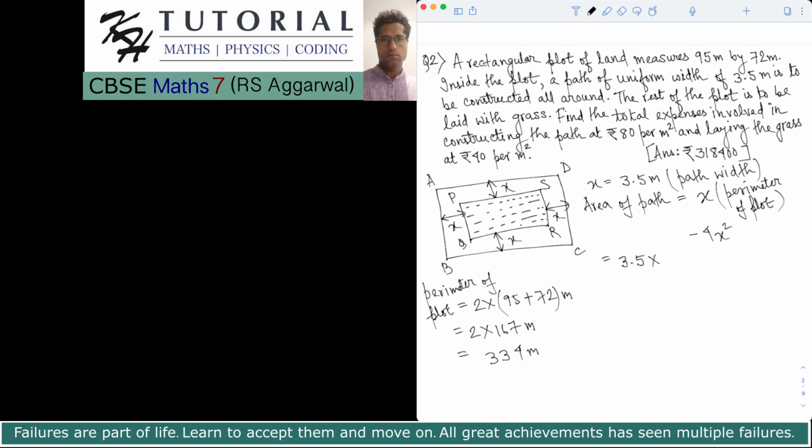So now the area of the path will be x multiplied by the perimeter of the plot, which is 334, minus 4 multiplied by x square. So x square is 3.5 square, this much meter square.